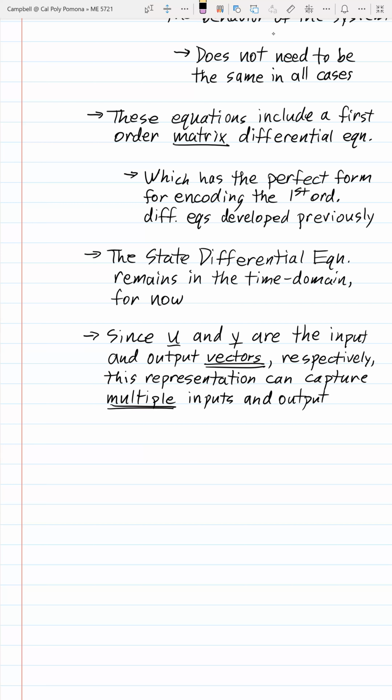And as I've mentioned a couple times before, this, of course, is a perfect way to represent MIMO systems, systems that have multiple inputs and multiple outputs.